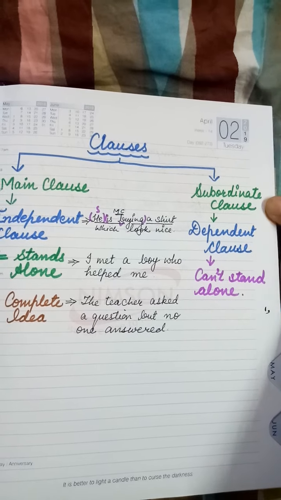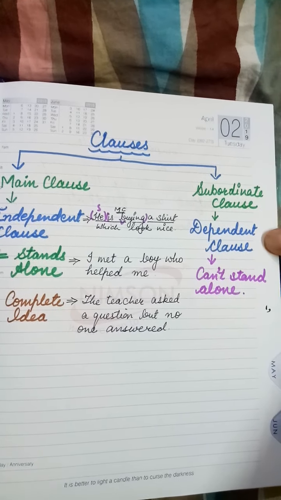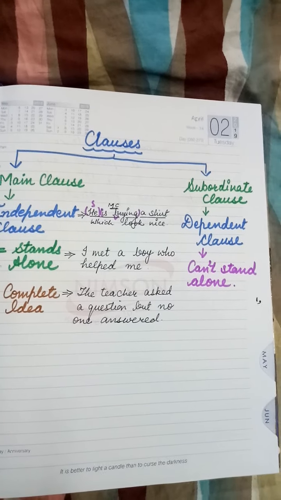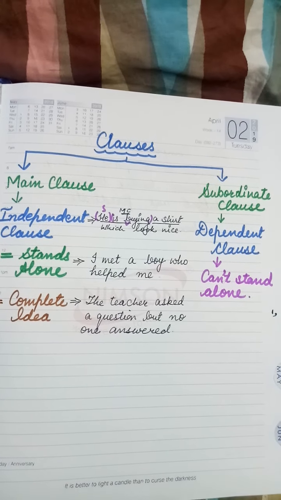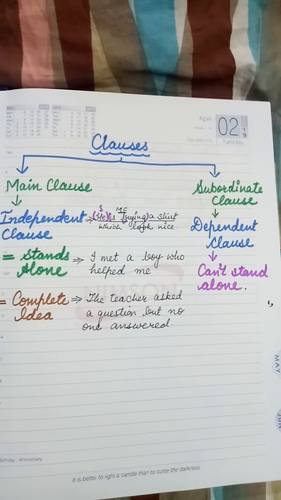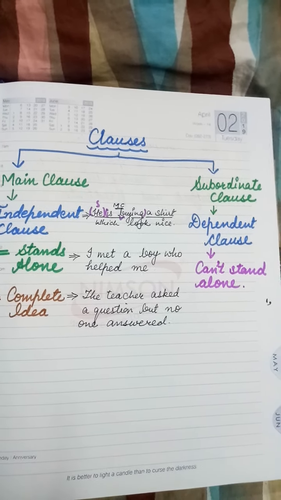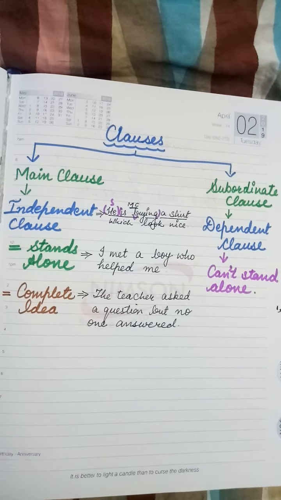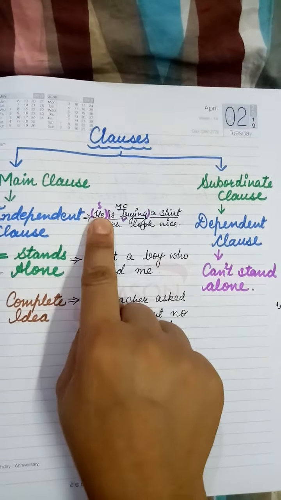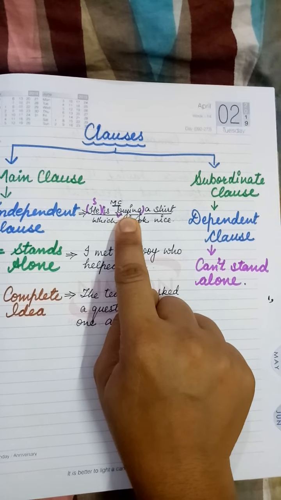Whereas a subordinate clause is a dependent clause and it can't stand alone. A subordinate clause is just a group of words, so it all depends on the main clause. Okay? And to be a clause, there is a rule that it should have one subject and one verb.